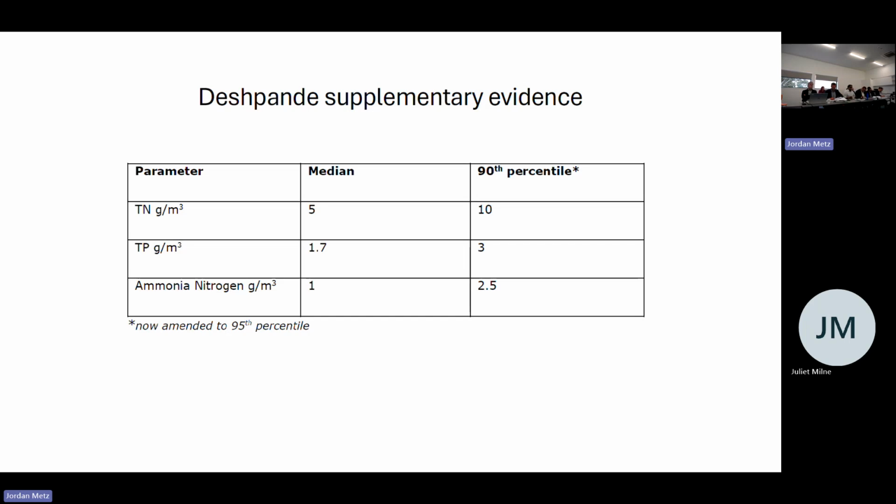And then I just had a question. We're talking about background concentrations and the fact that they're not included in the model. That's correct. So what are the implications of not including them in the model? Well, it means if there are other sources of TN running into the estuary, that is water that is flowing up in the flood tide, that will increase the levels of TN in the upper reaches of the stream.